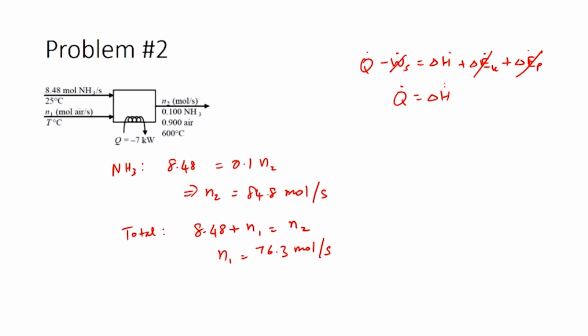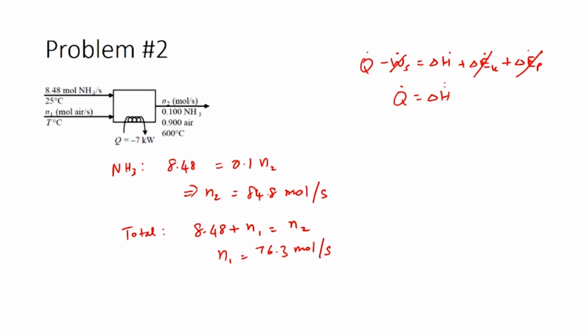So, now we need to calculate the delta H dot. We can calculate delta H dot for the inlet ammonia and the outlet mixture which is leaving the system. However, we cannot calculate the enthalpy of the air which is fed into the system because the temperature is not known.